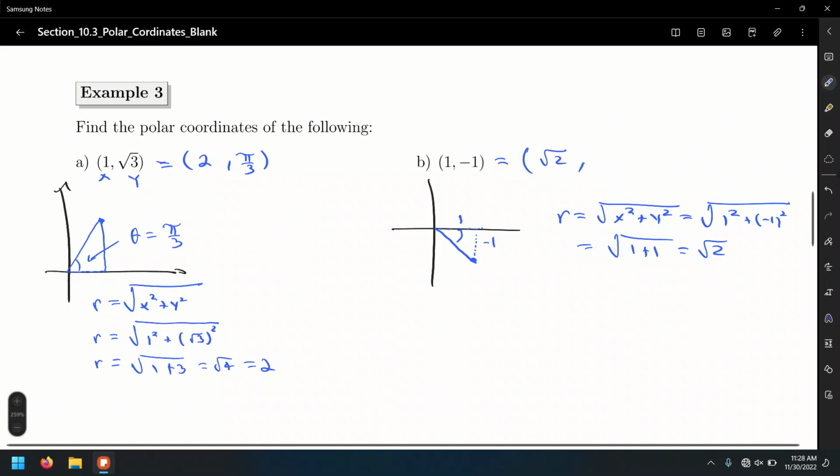However, if we use as a reference our polar axis, that's essentially 7 pi over 4. Or negative pi over 4. Recall that these angles can be represented in pretty much infinitely many ways, so you get to choose which one it is. So I'm going to go with 7 pi over 4.